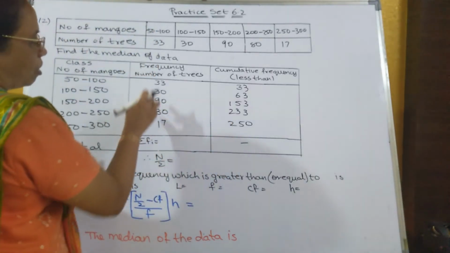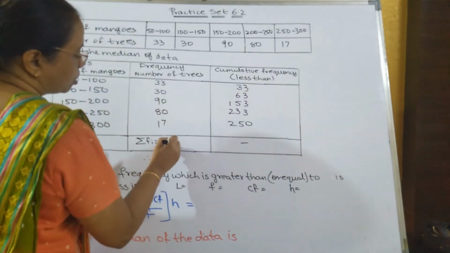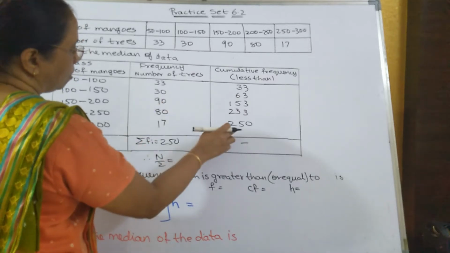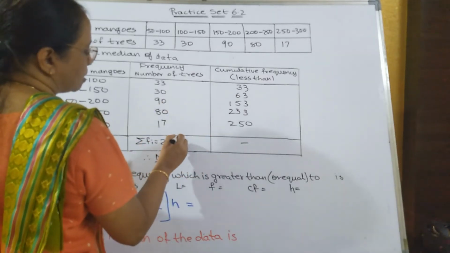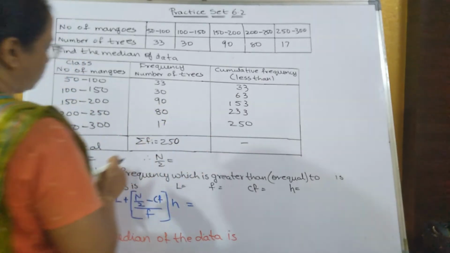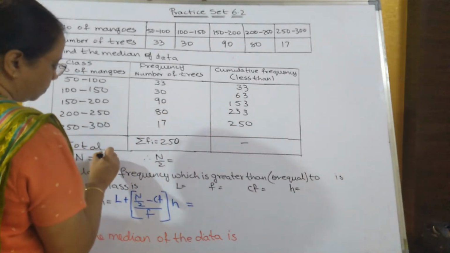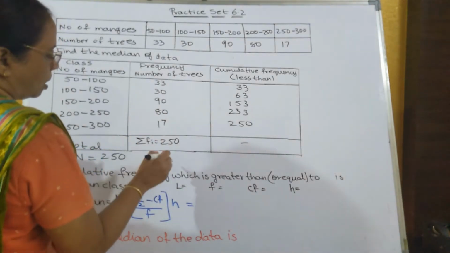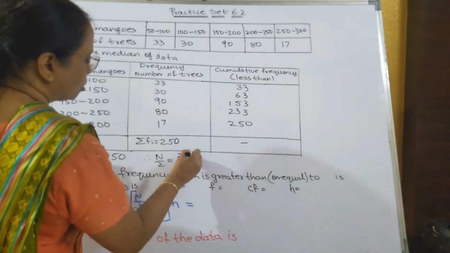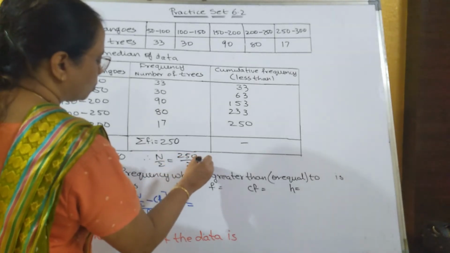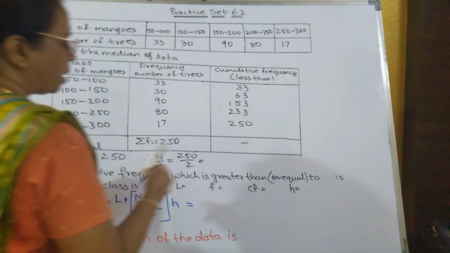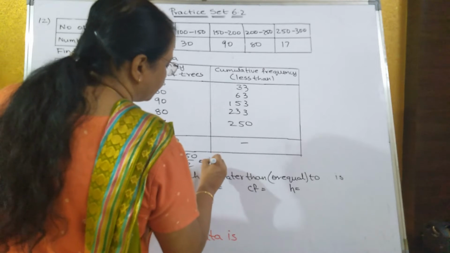So the summation of all this frequency is 250. You don't have to add everything; whatever you get over here is the total of the frequency. So now n is equal to 250. Therefore n upon 2 is 250 upon 2, which is equal to 125.